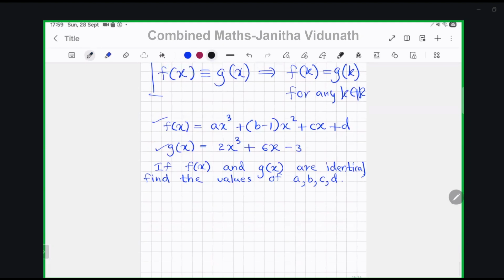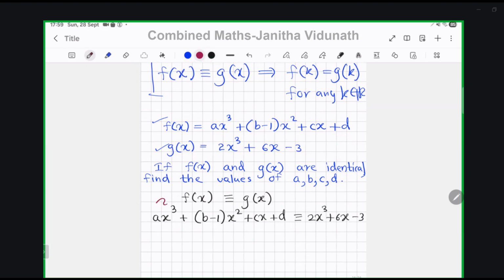Okay, now they give us that both polynomials are identical. That means f(x) is identical to g(x). That means ax cube plus (b minus 1)x square plus cx plus d is identical to 2x cube plus 6x minus 3.